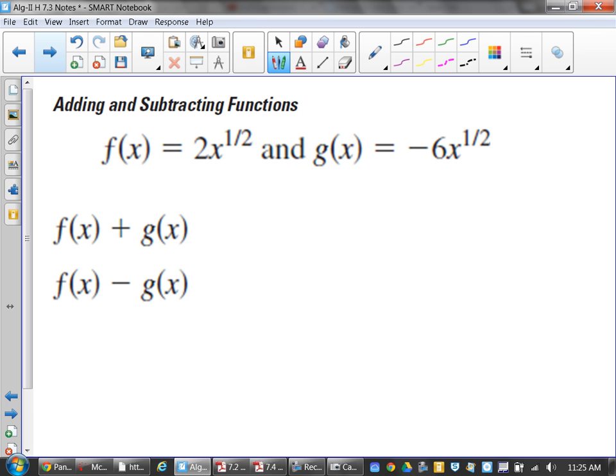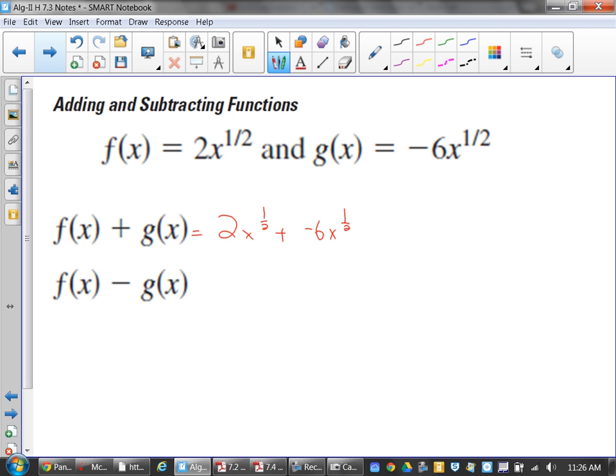They're saying f of x plus g of x, as opposed to writing it out like this. Instead of starting with this right off the bat, they're making you write it down. That's the only difference between what we did last week and this one.